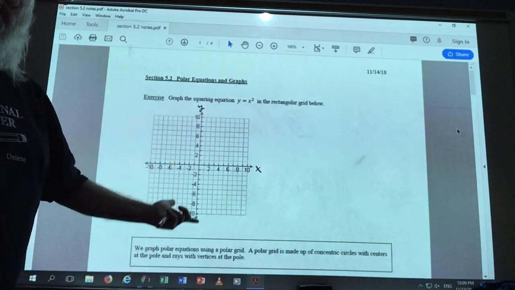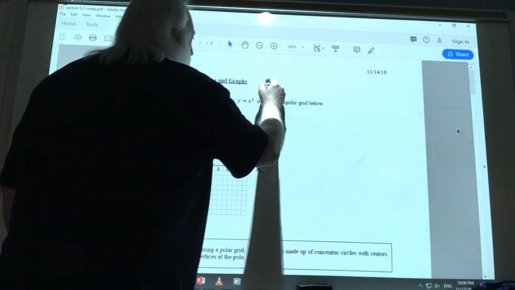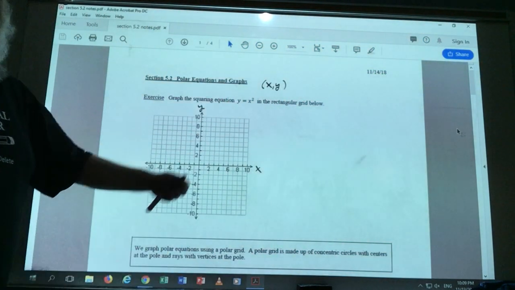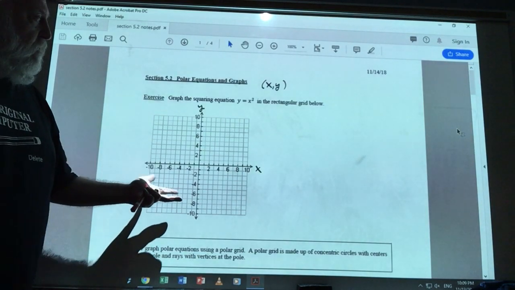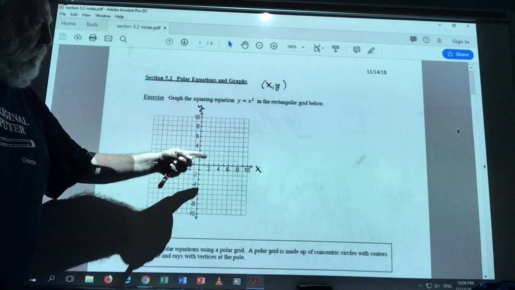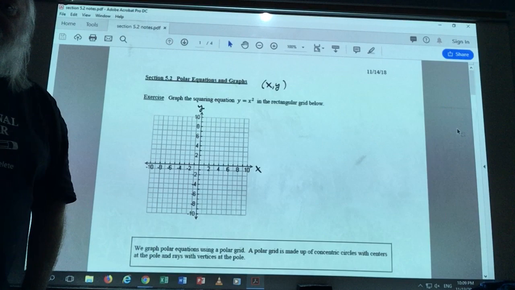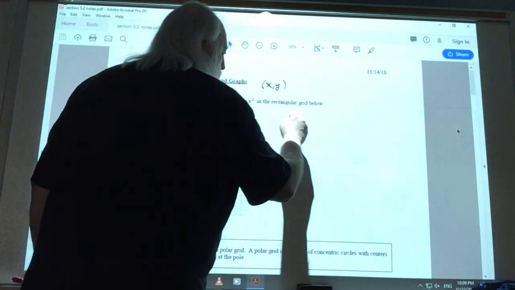The graph of an equation consists of all the ordered pairs x, y that satisfy the equation. And then typically what we do is we plot a few of the ordered pairs in the coordinate plane that satisfy the equation, and then we play connect the dots. So I'm going to create a table over here.